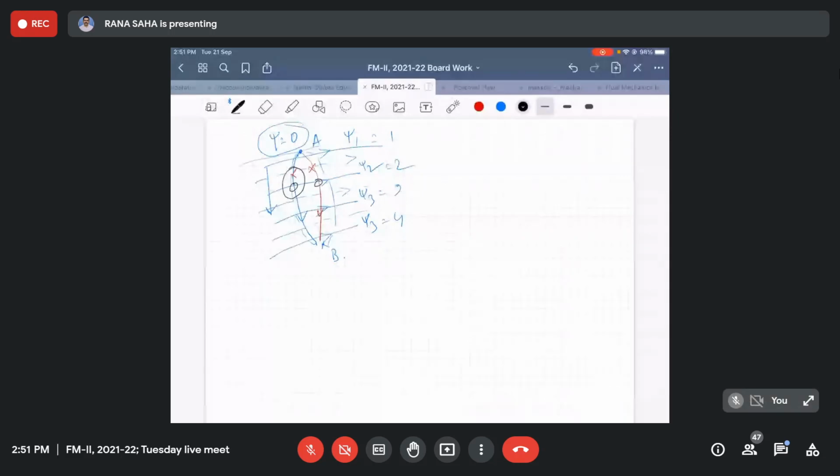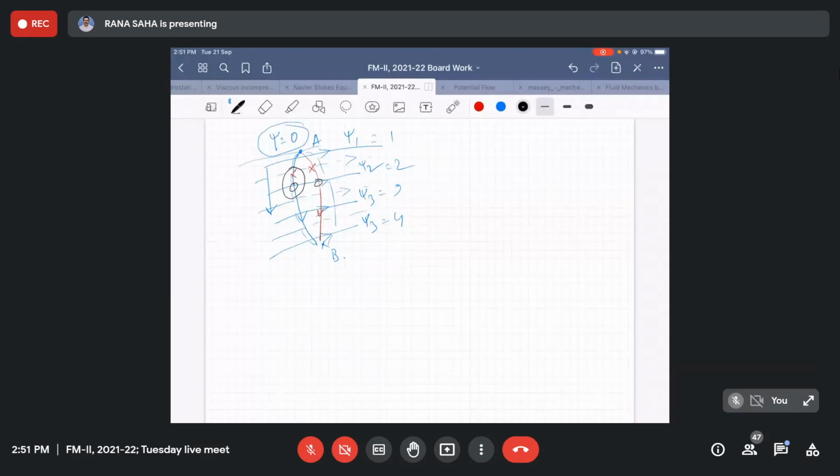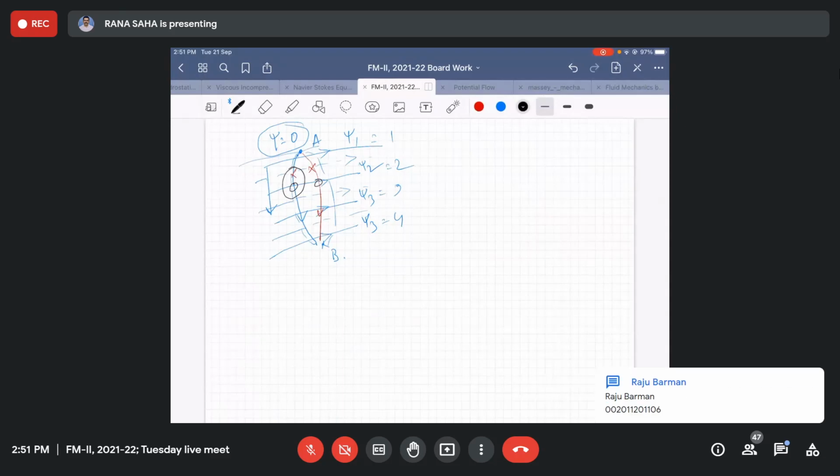That is important. The sign convention: in some text you may find the relation of the velocity components u and v with the stream function, as well as later with the velocity potential, with a different sign than the one that I have used in this material.